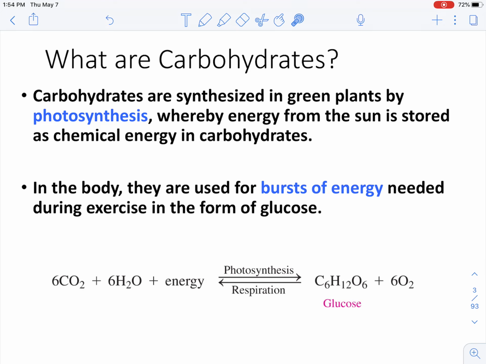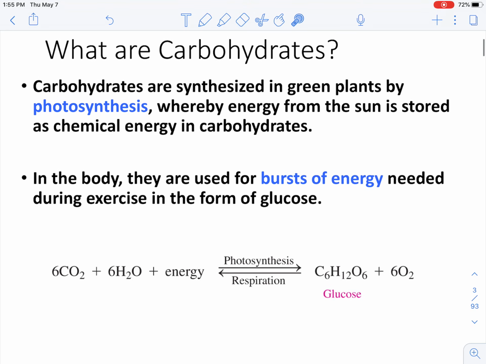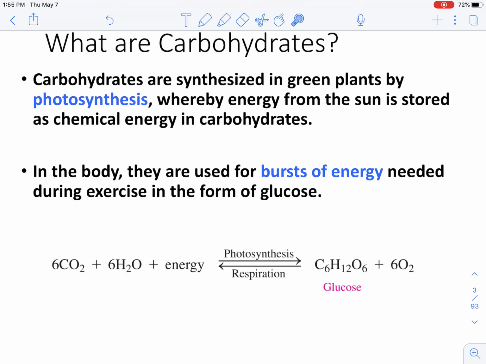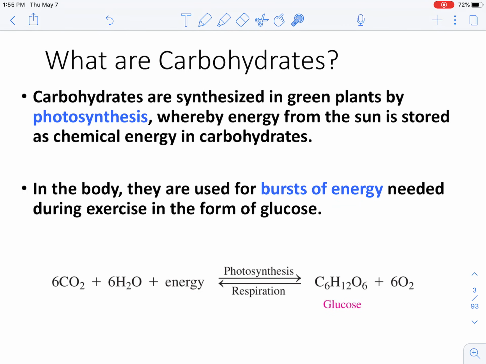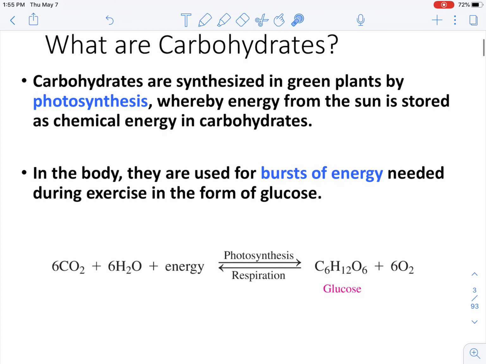You can think of photosynthesis and cellular respiration in terms of this overall chemical equation as opposites of each other, but their actual mechanisms are really different. So you can't really equate one to the other in terms of processes, but the idea is that respiration is oxidation, overall photosynthesis is reduction.